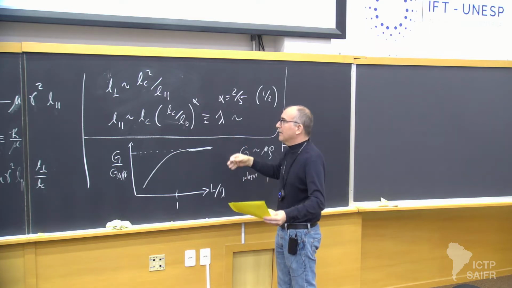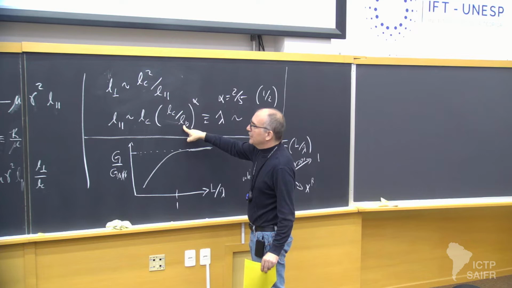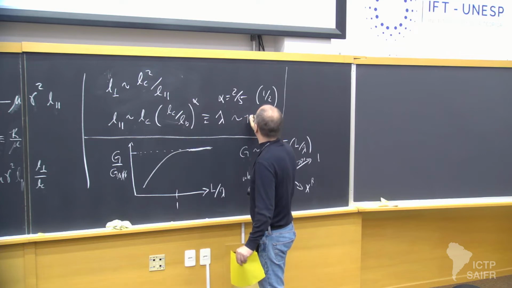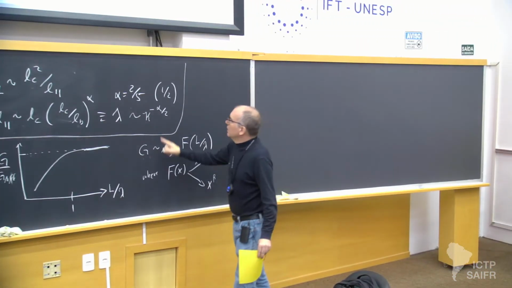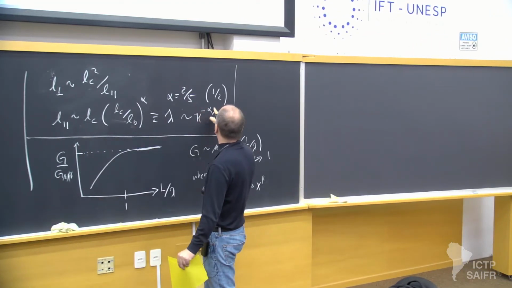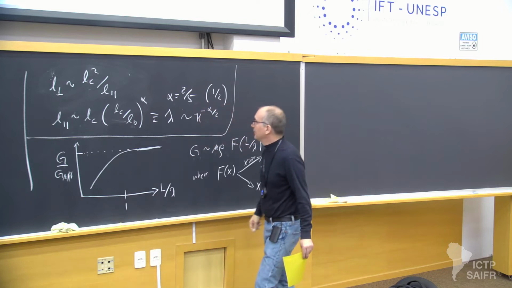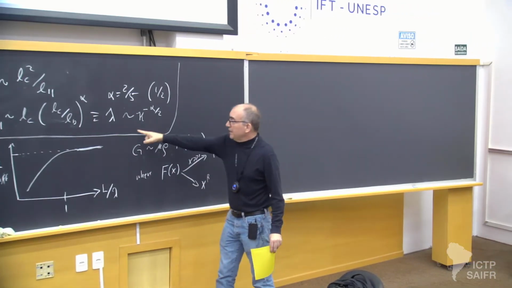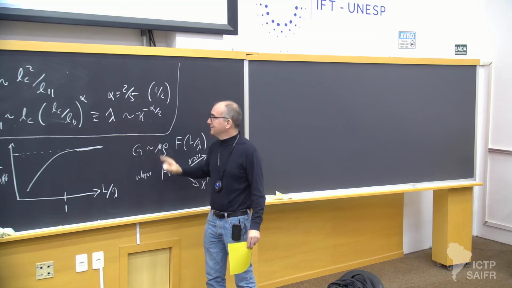So let's track the dependence on kappa. Well, it's actually going to be kappa to the minus alpha over 2. Do you see that? LB goes like kappa to the 1/2. I raise that to the power minus alpha. So notice that indeed this length goes to infinity for soft bending, okay?